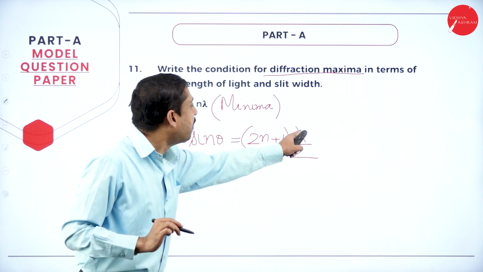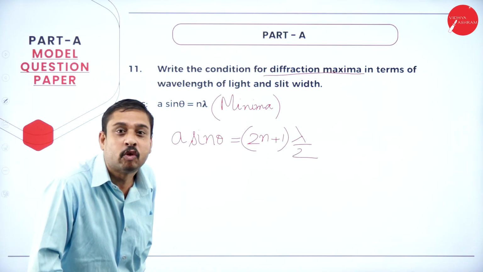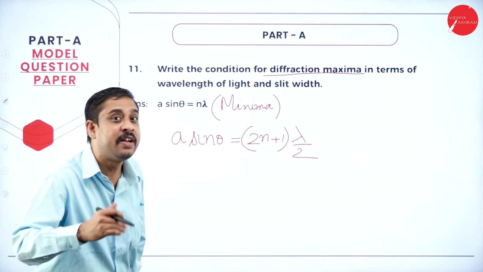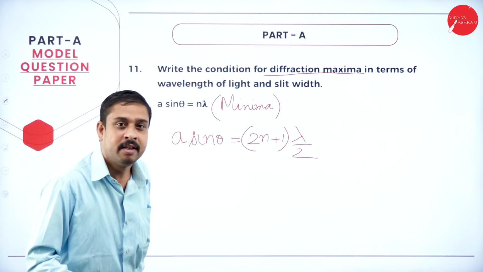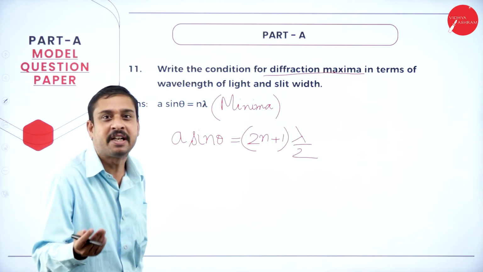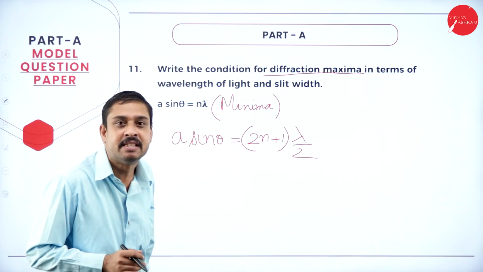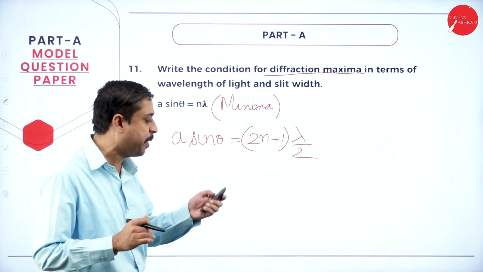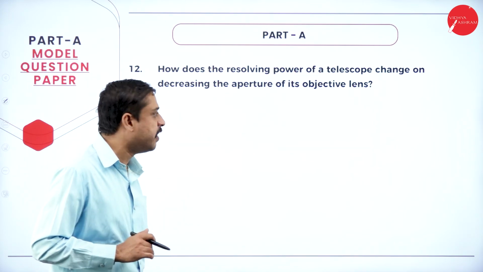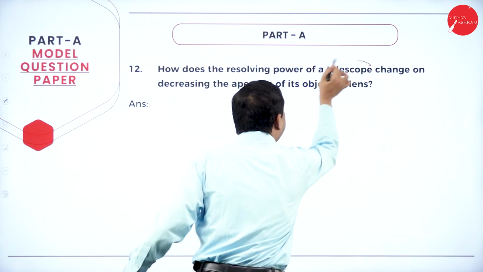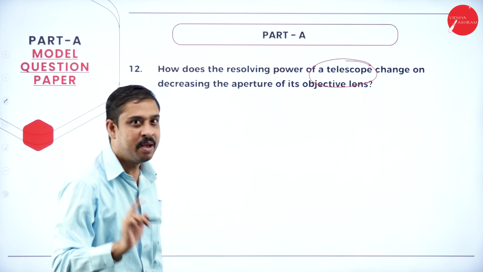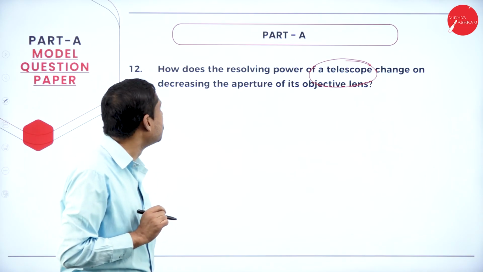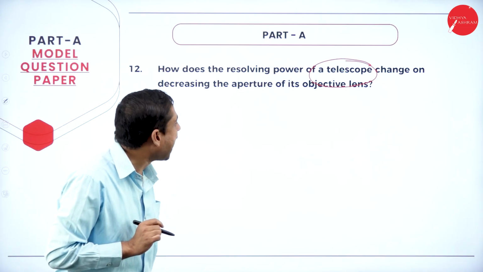Lambda is the wavelength of light used. Similarly, in constructive and destructive interference, you may get questions for path difference or phase difference. See, this is what I told: you should know the applicable conditions.